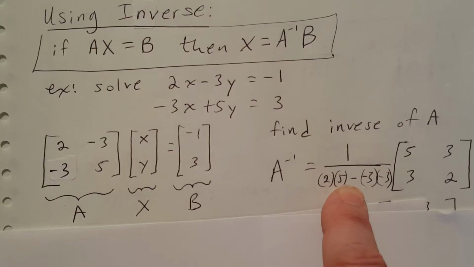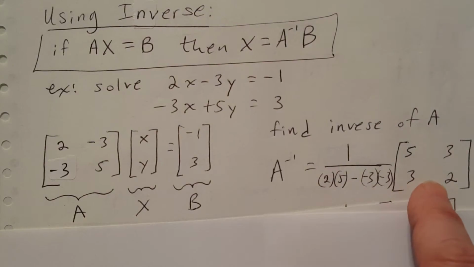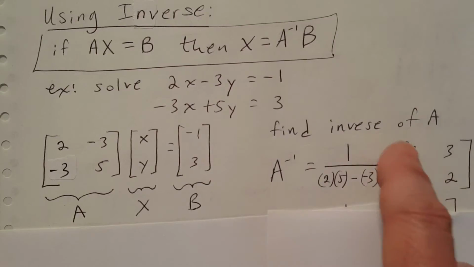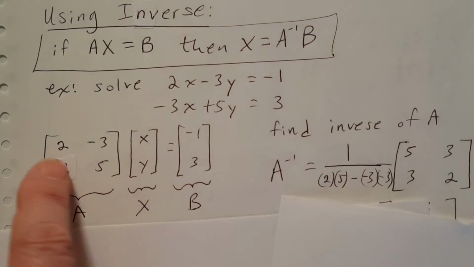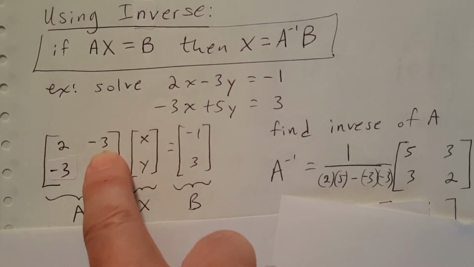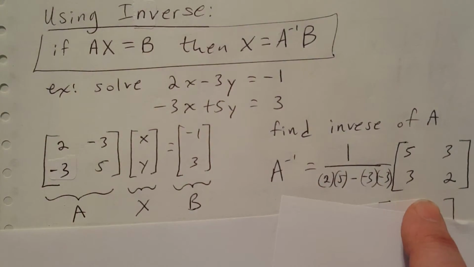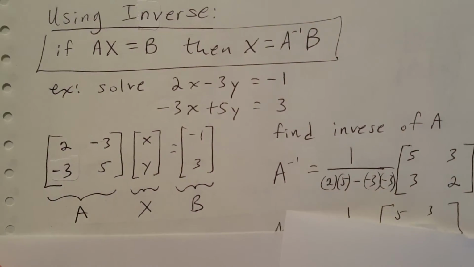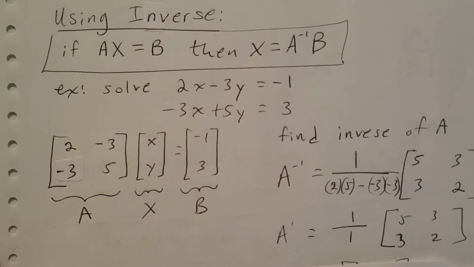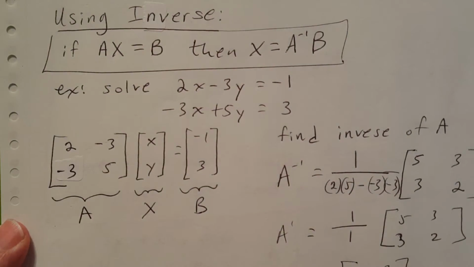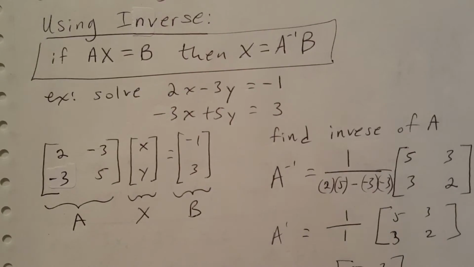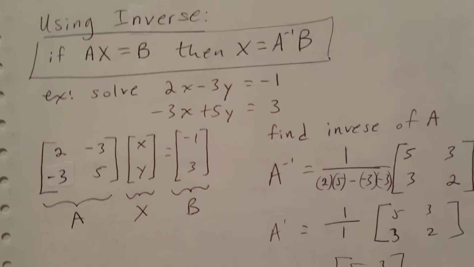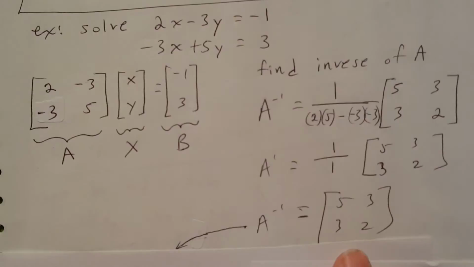I know I'm going through this quickly, but we already did inverse of a matrix. So all I'm doing is finding 1 over the determinant times the swapping of the numbers. Remember that? You switch the numbers and then you change the signs. There it is. So what that gives me is the inverse of A.